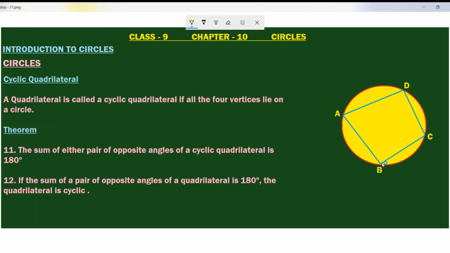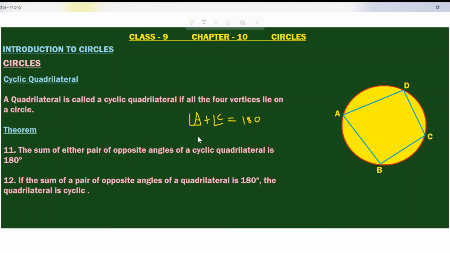The property of a cyclic quadrilateral is that if you add opposite angles of the quadrilateral, you will get 180 degrees. That means angle A plus angle C, you will get 180 degrees.